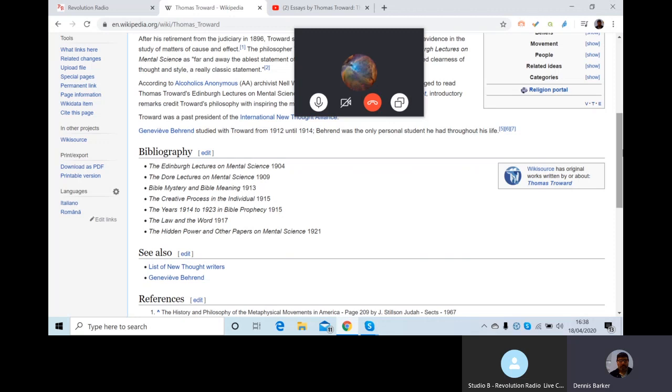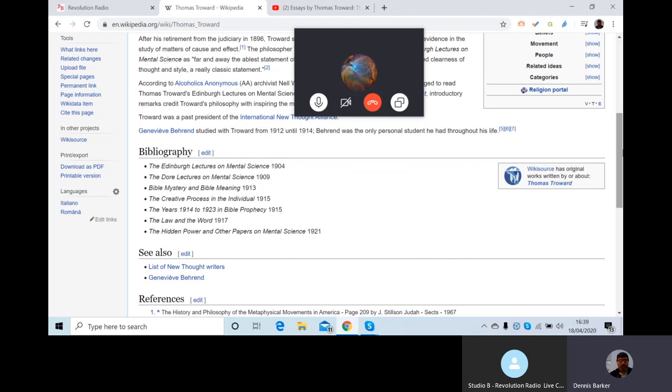So the bibliography is the Edinburgh Lectures on Mental Science, which is published in 1904. The Dore Lectures on Mental Science, Dore spelled D-O-R-E, published in 1909. Bible Mystery and Bible Meeting in 1913. The Creative Process in the Individual, which is another one I was listening to last night.